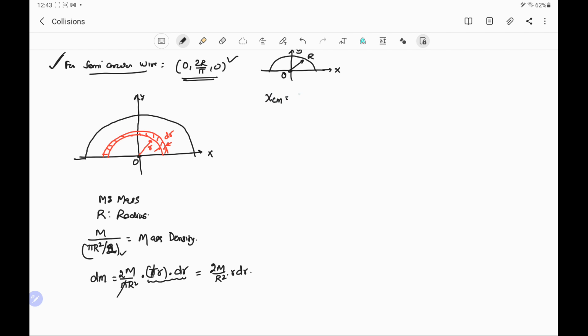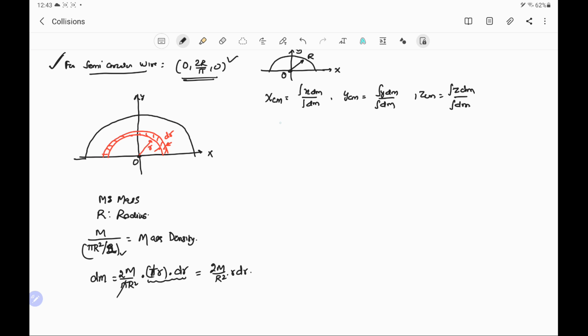X center of mass is integral x dm by integral dm. Y center of mass is integral y dm by integral dm, and z center of mass is integral z dm by integral dm.